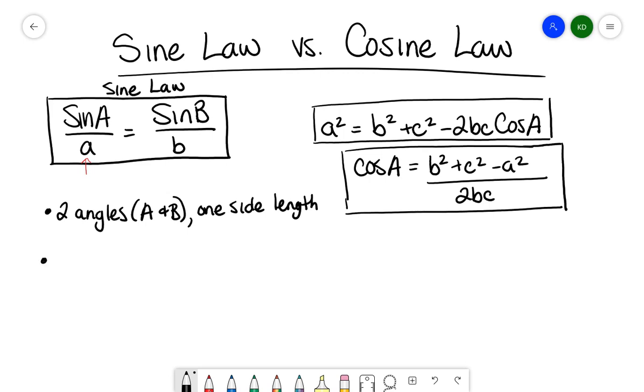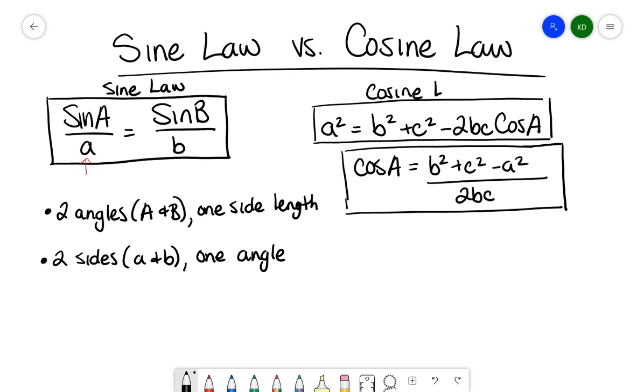The other option is when we've been given two sides, in this case lowercase a and lowercase b, and one angle. Once again, we can set up this ratio and lead into cross multiplying and dividing. If we're not given this scenario, then maybe cosine law is going to work better.